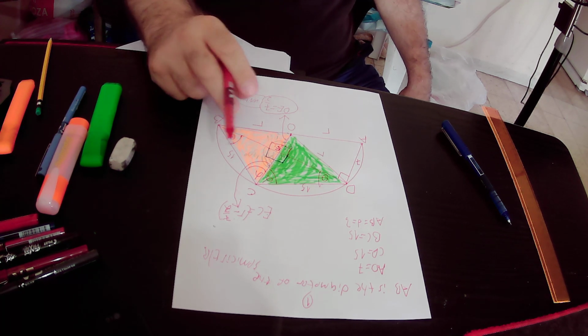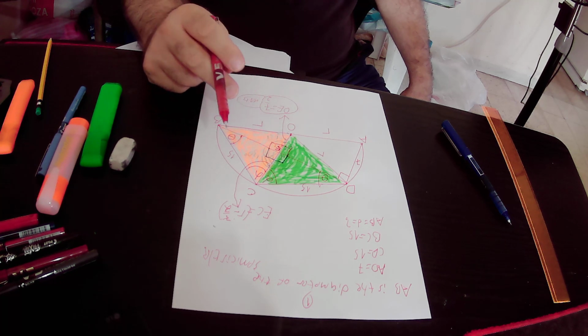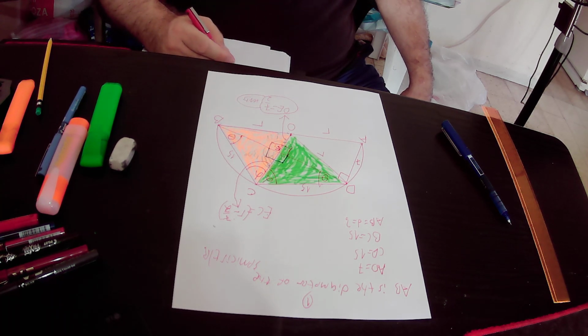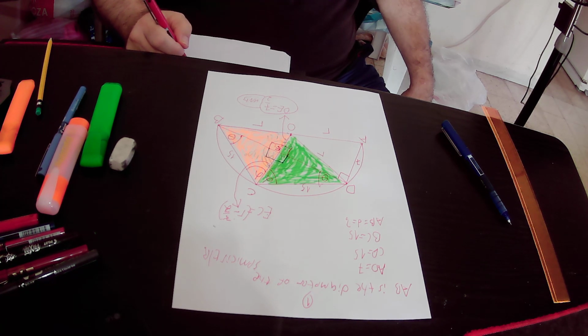So we focus on those two right triangles: the right triangle CEB and triangle OEB.